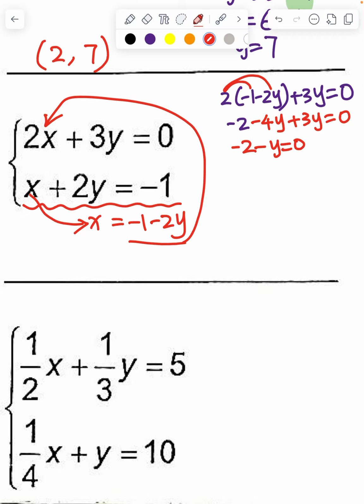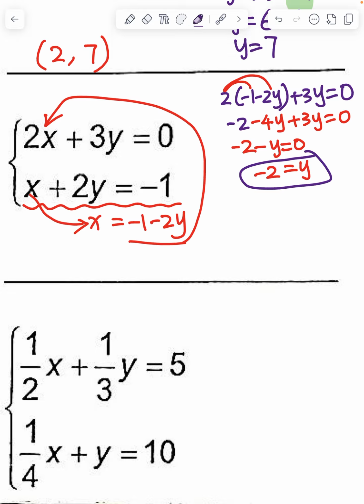We just don't write out the 1. I'm going to move the y to the other side to become positive y. Do we need to keep the 0? No, 0 means nothing, so we don't have to copy it. Negative 2 is not moving, so y equals negative 2. Solved. We solved y.